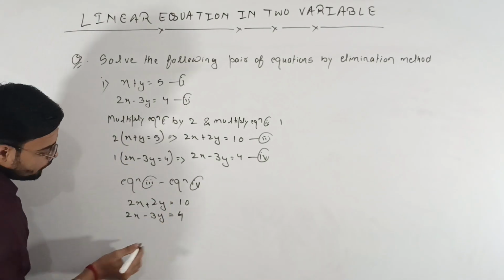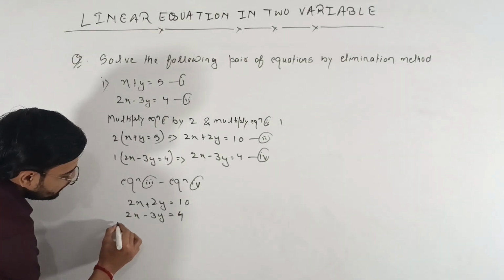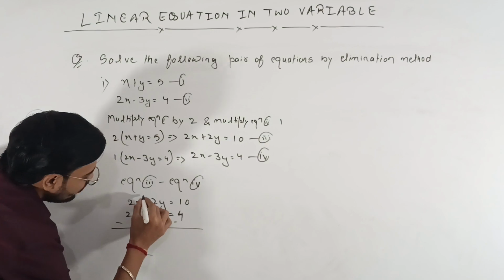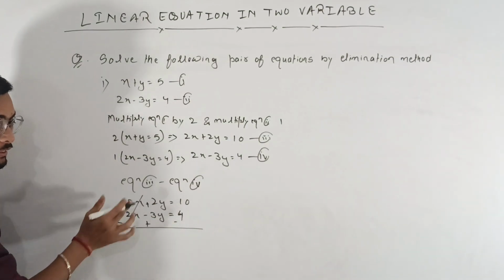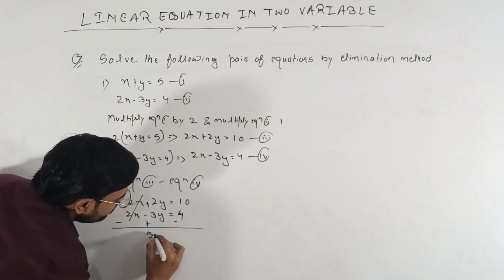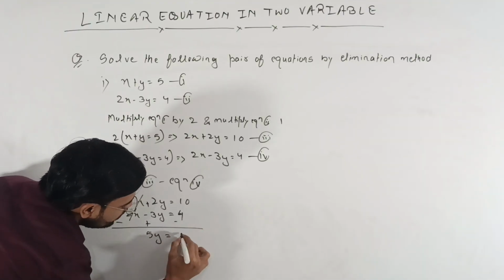For subtracting, we first change the signs. So plus 2x becomes minus, minus 3y becomes plus, and plus 4 becomes minus. Now 2x is eliminated, plus 2x minus 2x is 0. Now 2y plus 3y becomes 5y is equal to 10 minus 4, which is 6.